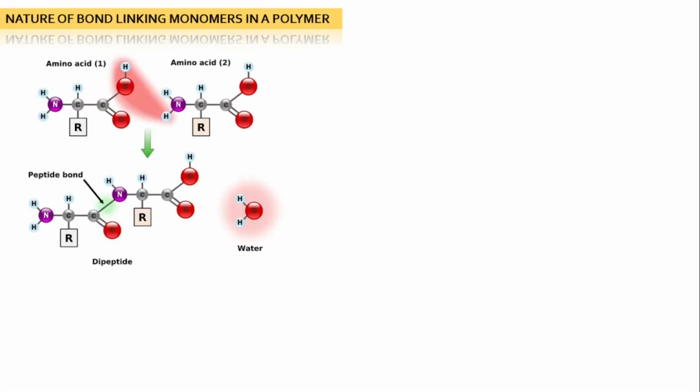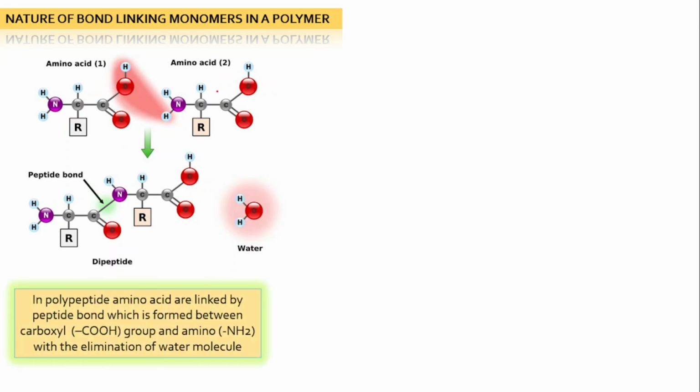Coming to the nature of bond linking monomers in a polymer. Here we have amino acid 1 and amino acid 2, and then a variable R group. We know that every amino acid contains hydrogen, an amino group, and a variable R group.